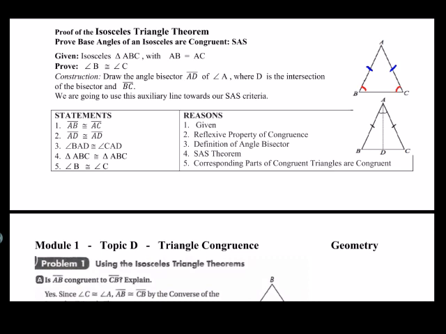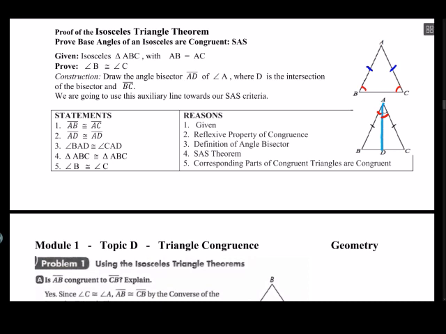Remember, all theorems are proven. So the first thing we are going to do is construct the angle bisector of our vertex angle. Easy enough. We know how to construct with our compass an angle bisector.